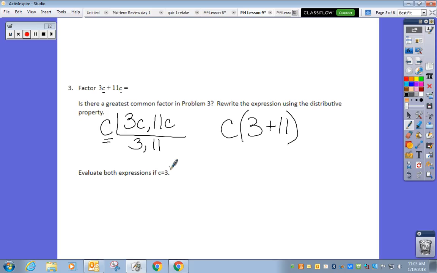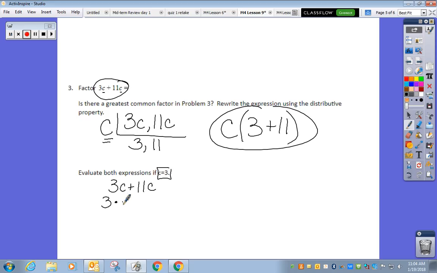Now they want us to evaluate the two expressions, our original and our newly written one, as if C were 3. So I'm going to write the expression. First, I'm going to expand it, so put the multiplication symbols back in. Then I'm going to replace the variable with 3, since it's telling me C is equal to 3.